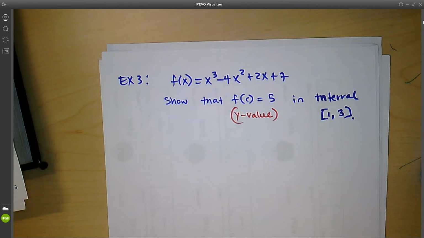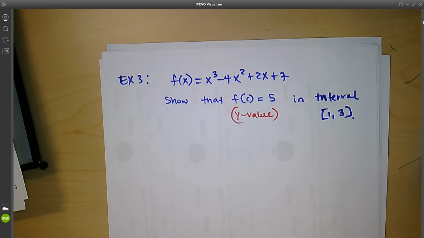C is a variable we use to stand for the x value. So it's asking, is there a value on the x-axis that produces an output of 5 in our interval 1 and 3?